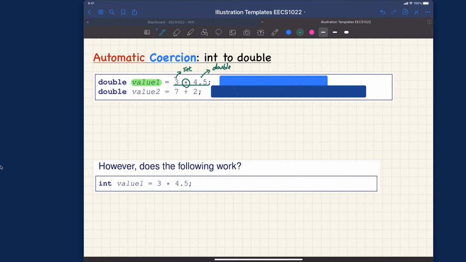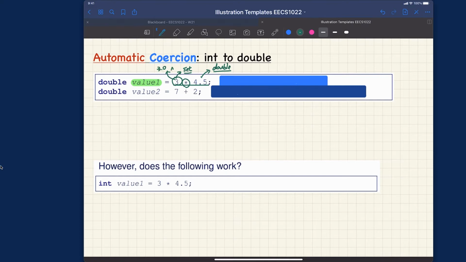So what Java is going to say is, before you try to do the multiplication, if at least one side has a fractional part, that means the other side must have a fractional part as well. If it doesn't, then it's going to add it for you. So the 3 over here is going to be coerced into 3.0.